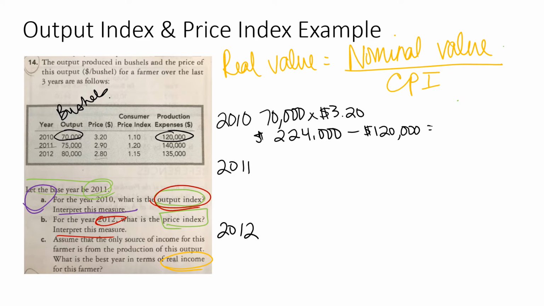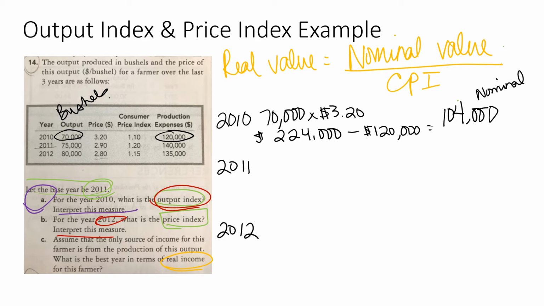So 224,000 minus 120,000 equals $104,000. So that is our nominal value.